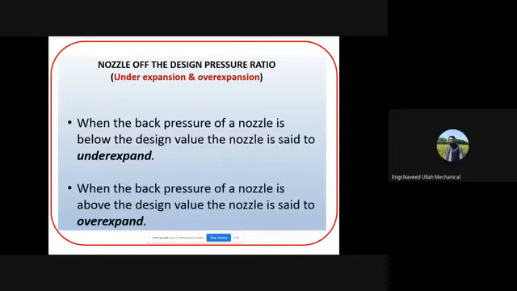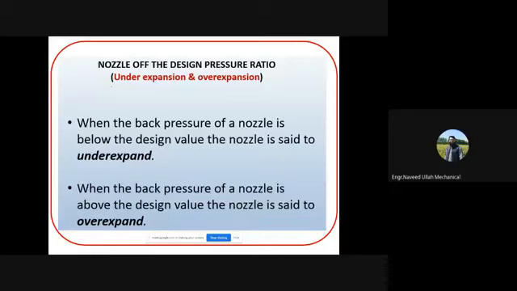When the back pressure of the nozzle is below the design value, the nozzle is said to be under expanded. Similarly, when the back pressure is above the design value, the nozzle is over expanded.